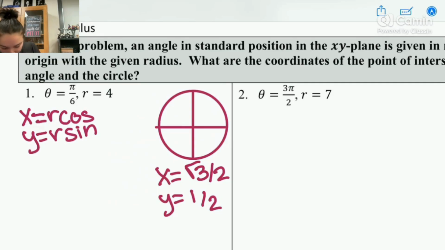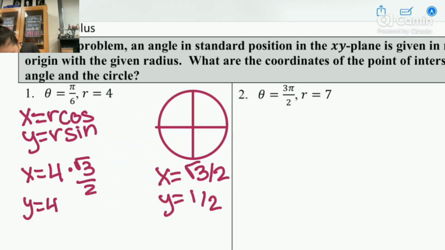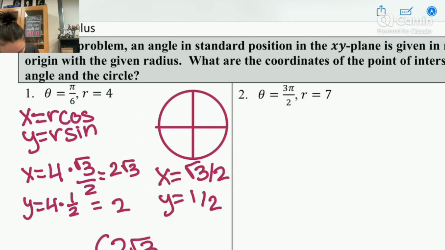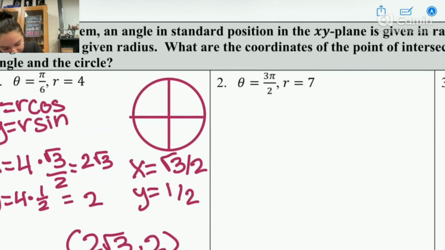So for x, you would do 4 times square root of 3 over 2, and for y, 4 times 1/2. This would get you 2 square root of 3 and 2. So your final coordinates would be 2 square root of 3 and 2. Also, pi over 6 is about there.